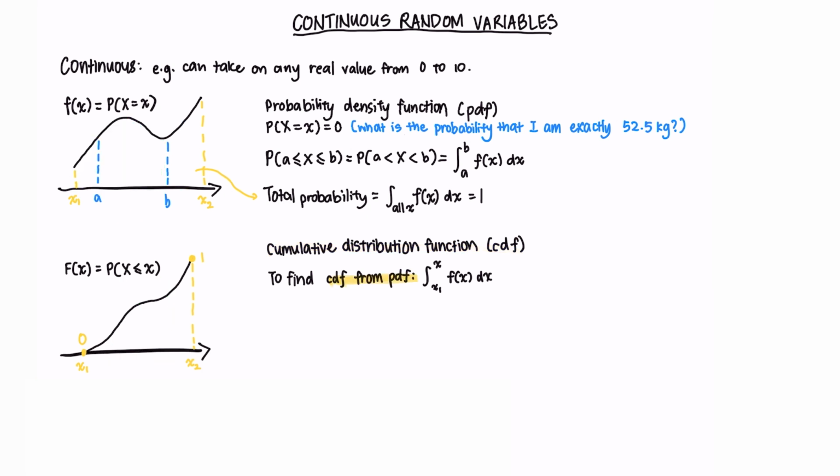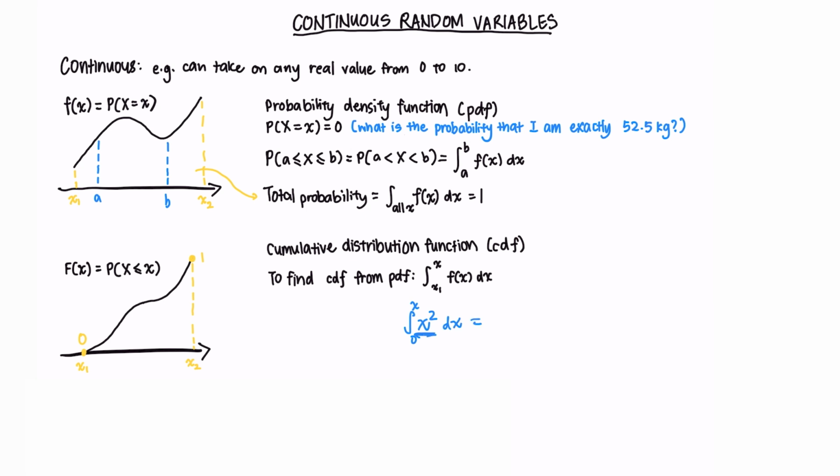To find the cumulative distribution function from your PDF, what you're going to do is take the integral from x1, which is this original point over here where the function starts, to x of f(x). Now what this could look like could be something like this.